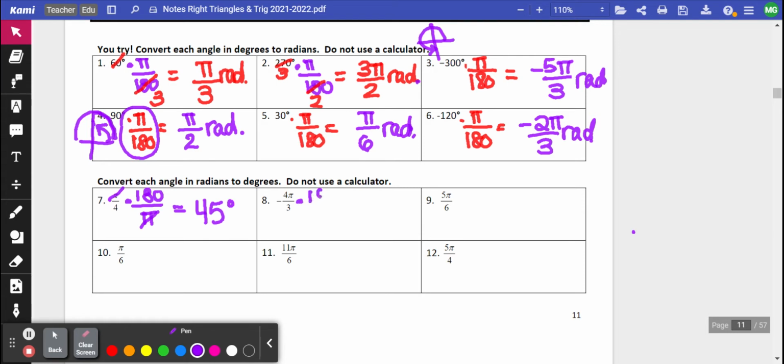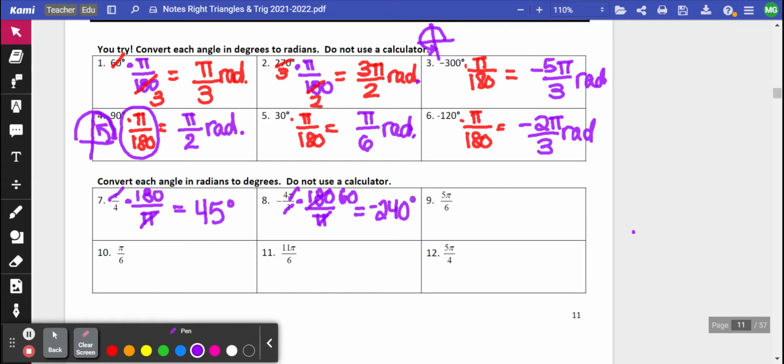Same thing here. We're going to multiply by 180 over pi. Very quickly, you'll see the pi's cancel out. 3 and 180, we get a nice easy thing to reduce there. And we have negative 4 times 60, which is negative 240 degrees.